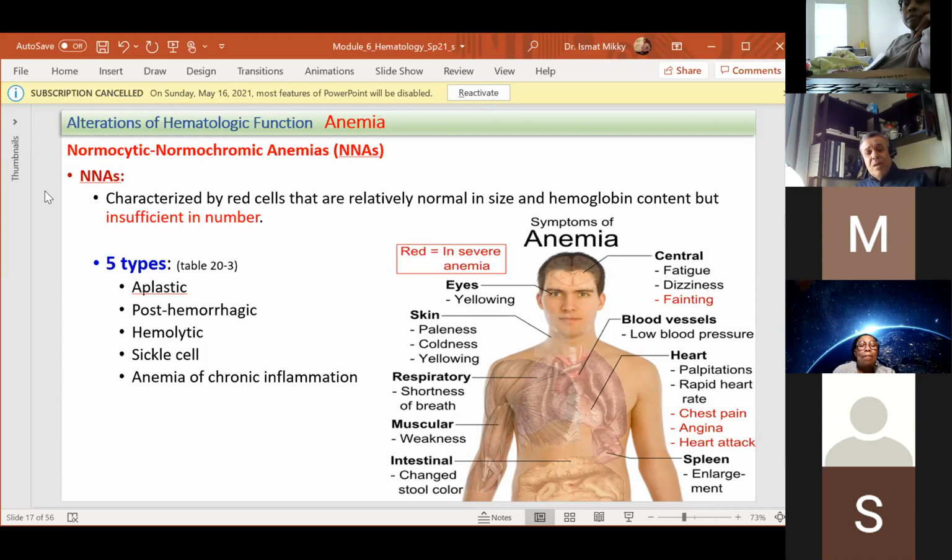Hemolysis is the accelerated, fast destruction of the red blood cells. It could be an autoimmune hemolysis, antigen antibody reaction. It could also result from a drug, like a drug-induced hemolytic anemia.